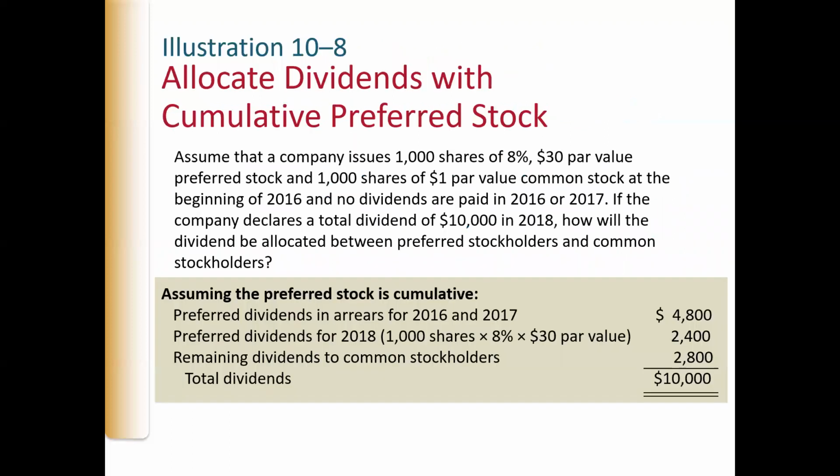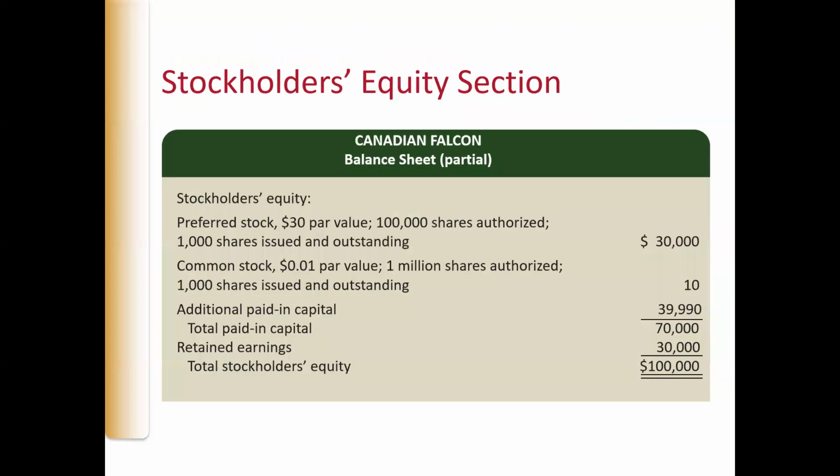And we'll go through some examples of that. So again, here you see a balance sheet, the stockholders' equity section of a balance sheet showing the breakdown when there's preferred stock along with common stock par value.